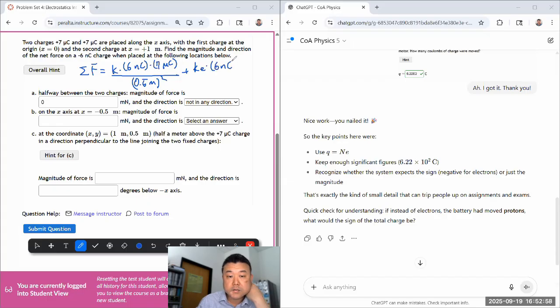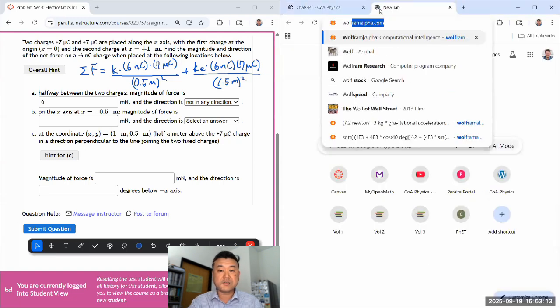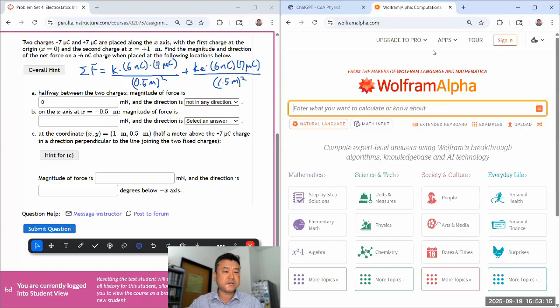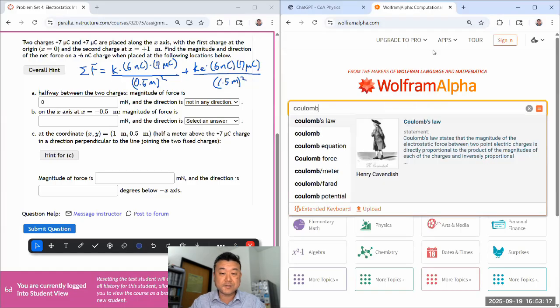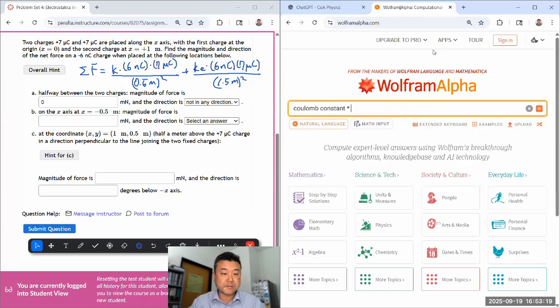Oh, I could have factored the things out and made it a little simpler. I'll do that when I'm plugging in the numbers. 1.5 meters squared. And I'm going to plug in numbers into Wolfram Alpha because that makes dealing with the constants a little bit easier.